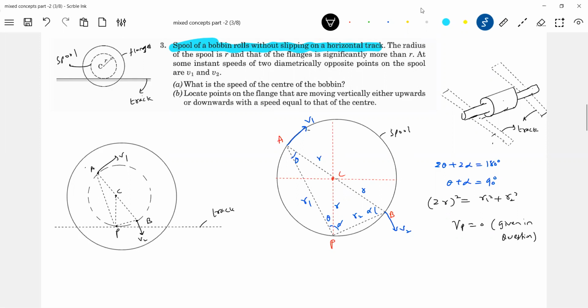Therefore, this entire thing will be rotating with an angular velocity omega, and the center of mass will have velocity vc. Okay, fine now. If you come and stand at point P, because P will become the instantaneous center.